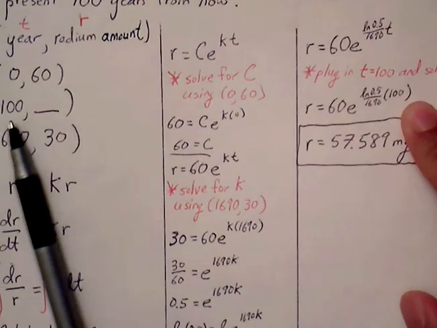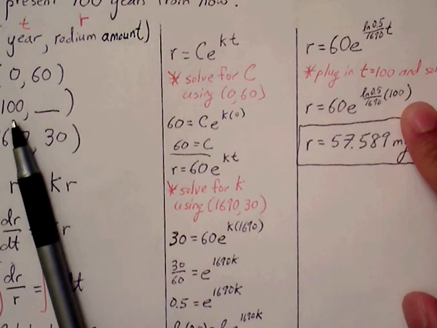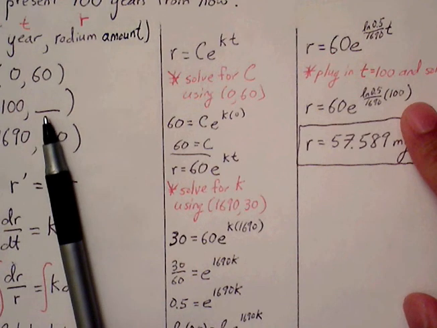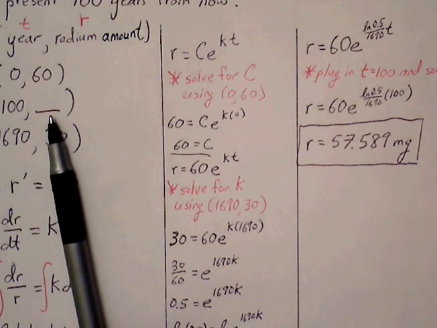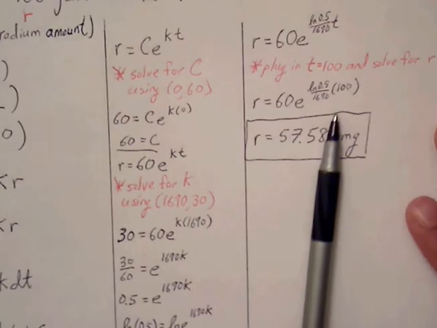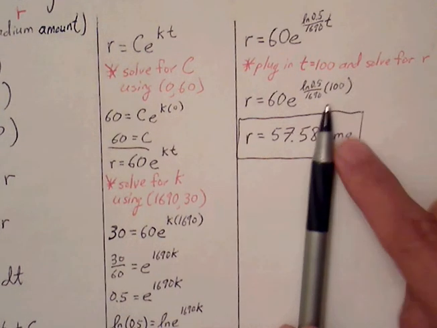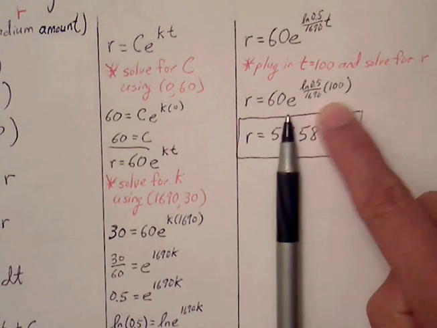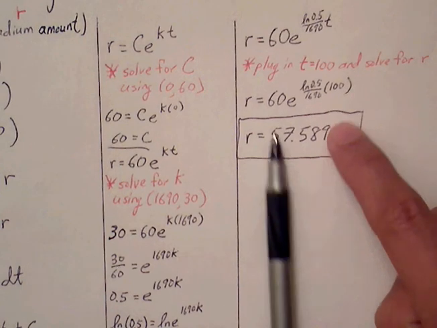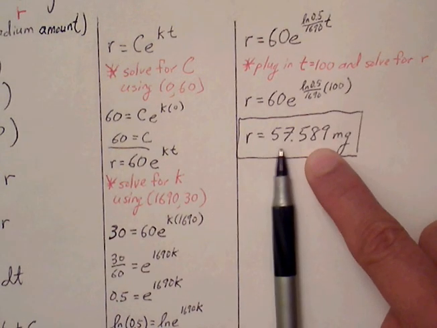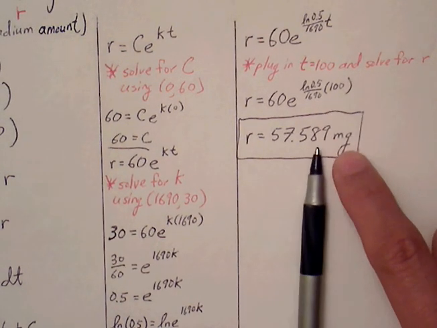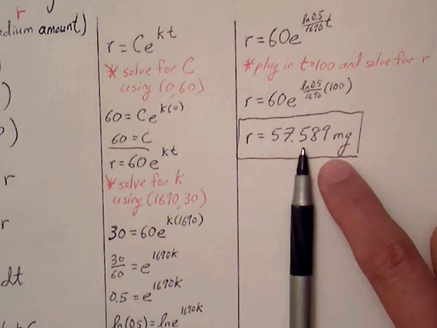After 100 years, how much radium is left, how much radium is present. So plug 100 in for t, and we simply plug all this in the calculator. And that'll come down to 57.589 milligrams. And if you have any decimals, we always round to 3 decimal places.